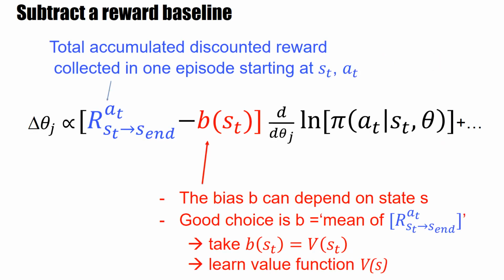So we arrive at a reformulation where we have several terms of this policy gradient, and this is one term, the term with s_t, and we subtract a baseline, and a good baseline should be something that's very close to the mean, to the expectation value. And that means as a baseline, we should take the value function v of s, the value function that we know from TD learning.